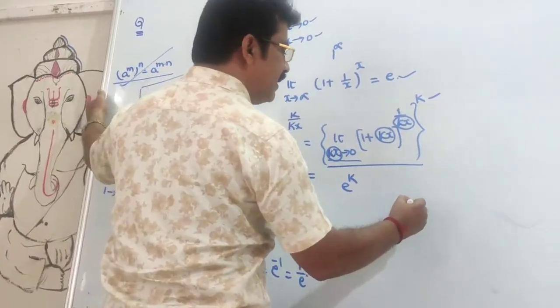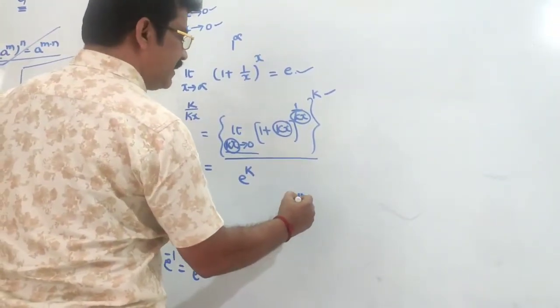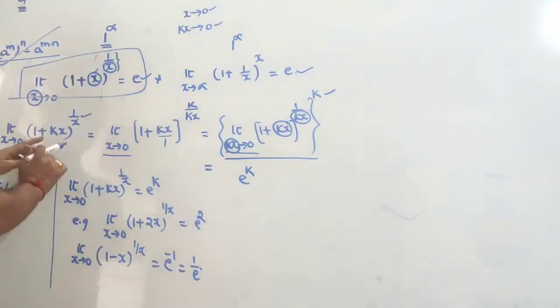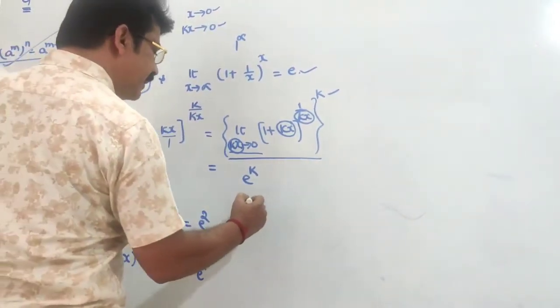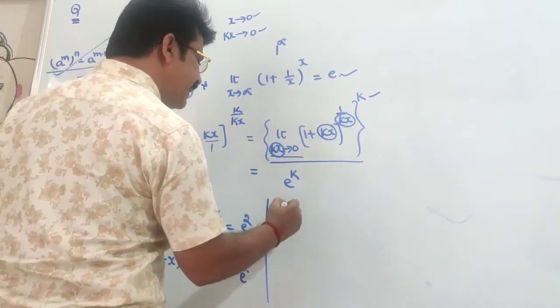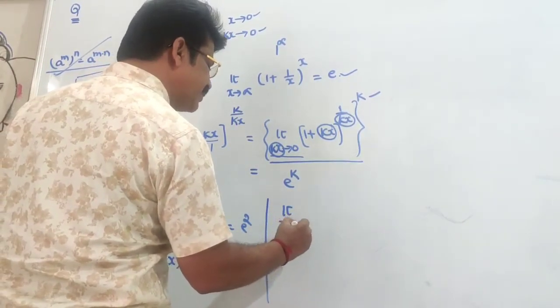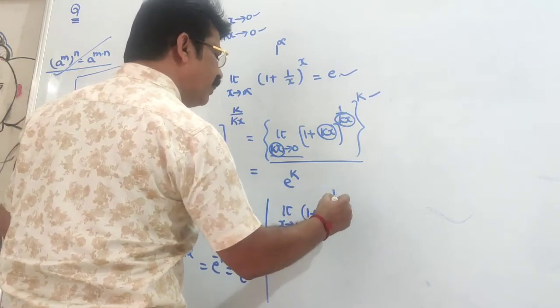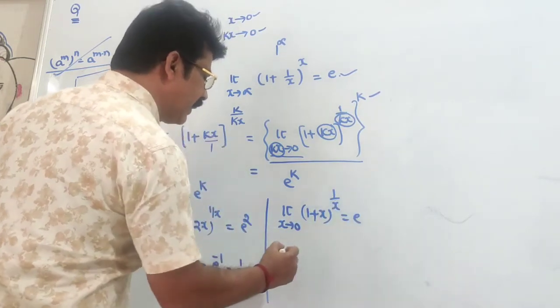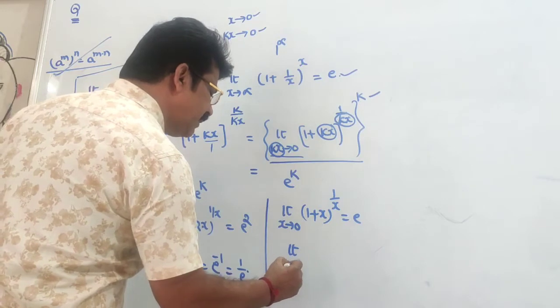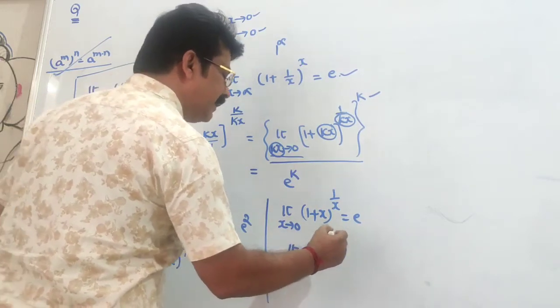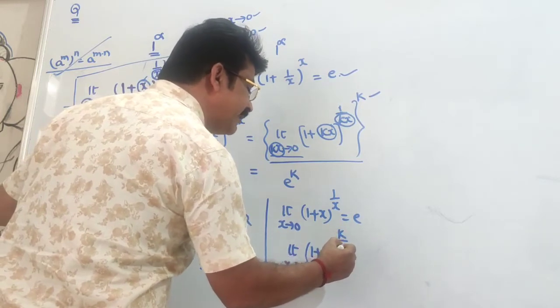Similarly, we can establish the same formula for other cases. Once again, limit x tends to 0, (1 + x) whole power 1 by x equals e. Then what about limit x tends to 0, (1 + x) whole to the power of k divided by x?